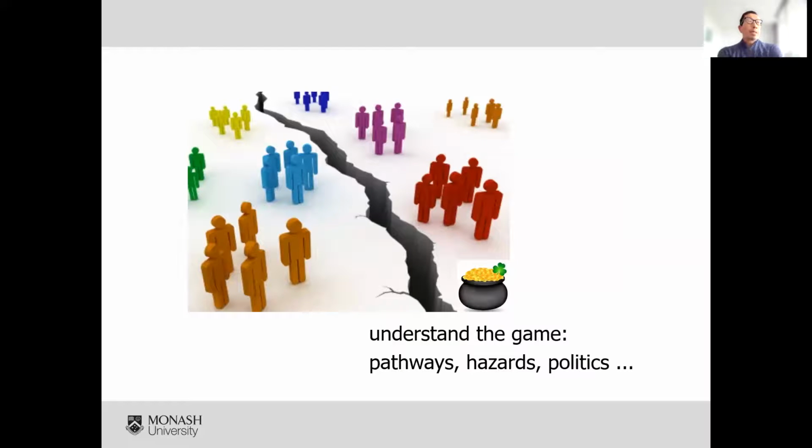Oh, this is one last one in terms of individual traits. It's an understanding of what the game actually is and what you're navigating through, both in the short term and the long term. So, for example, you're all aware that the research environment in terms of competitive funding has now moved towards showing impact.